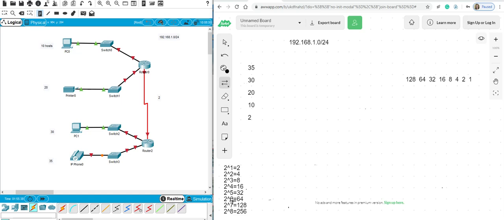So I need to borrow down to 6 bits. I need to have 6 bits in that host side, because 2 to the 6 is 64. That would give us enough to accommodate for 35. So I'd do 1, 2, 3, 4, 5, and 6, and I'm going to draw a line here. That gives me the number of bits that I would need.